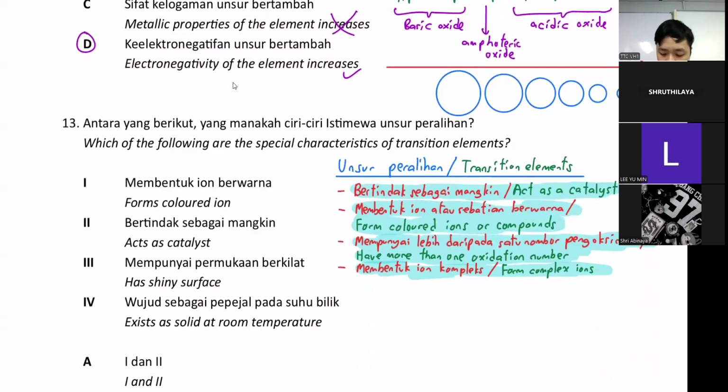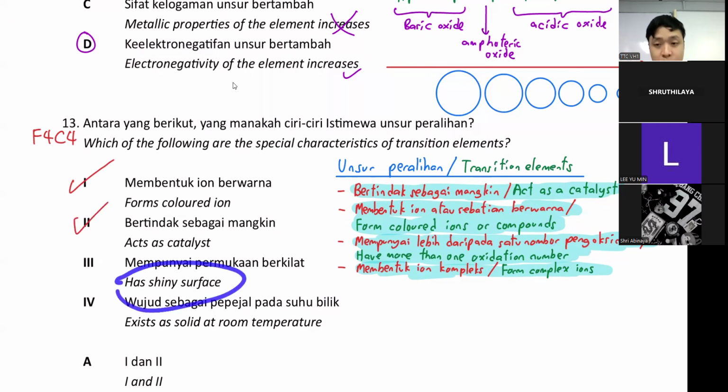13, form 4, chapter 4 again. Which of the following are the special characteristics of transition elements? Okay, so this one, I written for you there. This four, memorize. So form colored ion, yes. Act as a catalyst, yes.